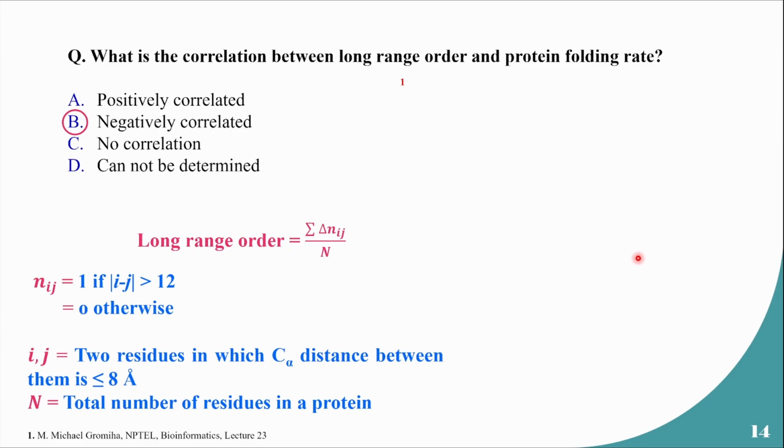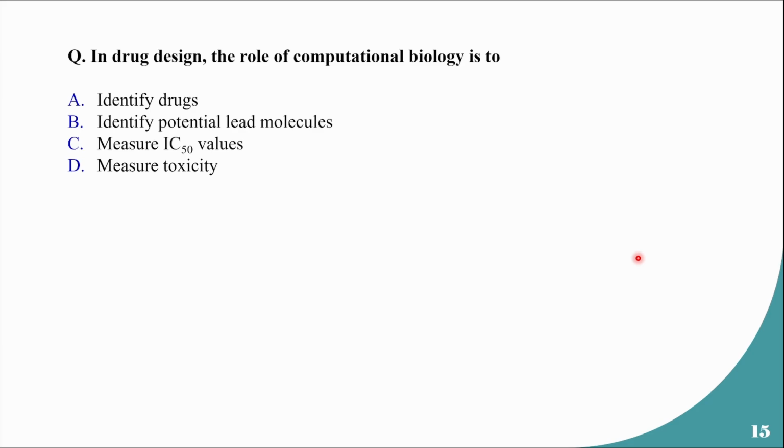So let's start the class with one question. If I ask, in drug design, what is the role of computational biology, among these four options that are given, which one do you think would be a more suitable option? Could you write the answer in the chat, and then we'll look into it.